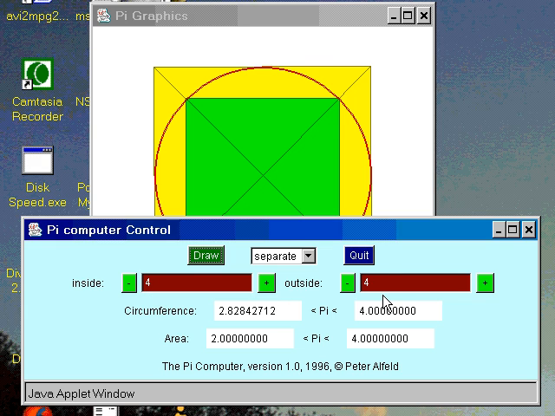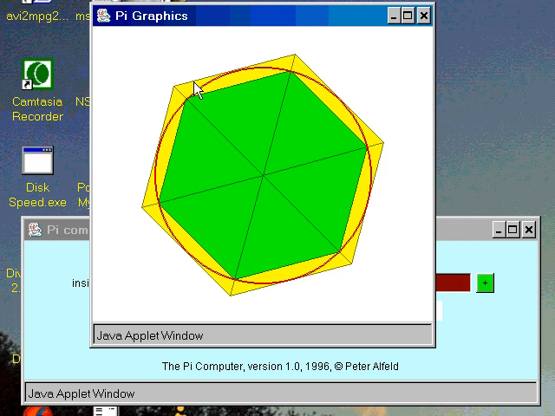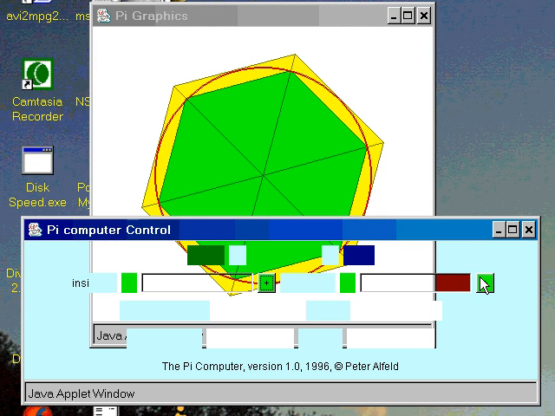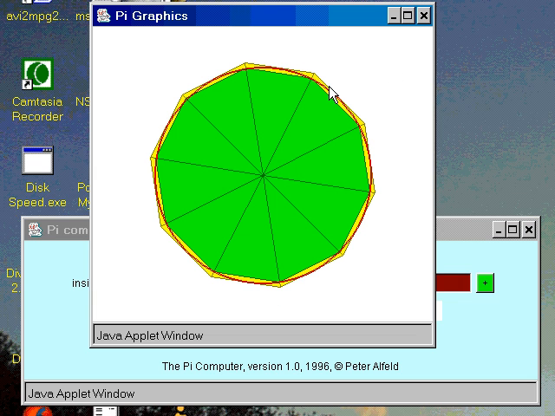So what you can do is you can draw the inner one. This is 4 vertices inside, 4 vertices outside. If I increase this to 5, 6, now we have an inscribed hexagon where the circle is inside here. Now if you wanted to do it on a 10-sided, 10 on the inside, 10 on the outside.